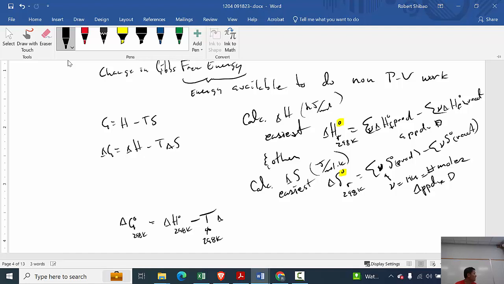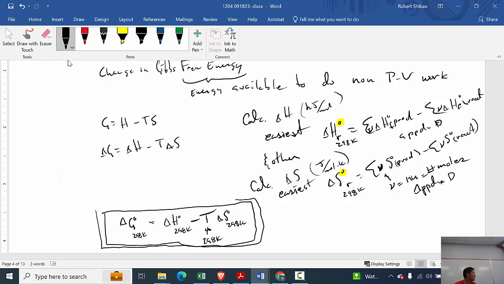And our delta S naught we're going to get from this at 298 Kelvin. It's the easiest. And so this is delta G under standard conditions at 298 Kelvin.